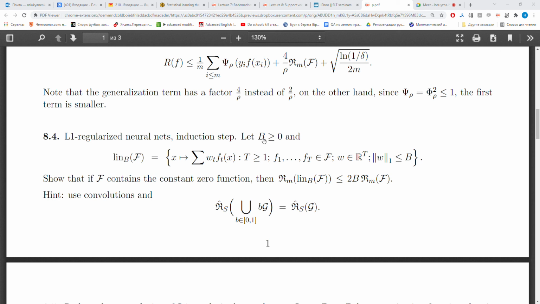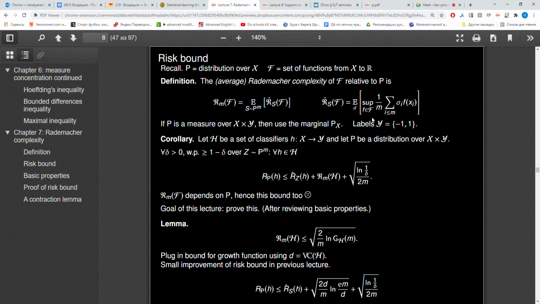For example, we have a proof of this inequality. If you remember the definition of Rademacher complexity, let's revise.